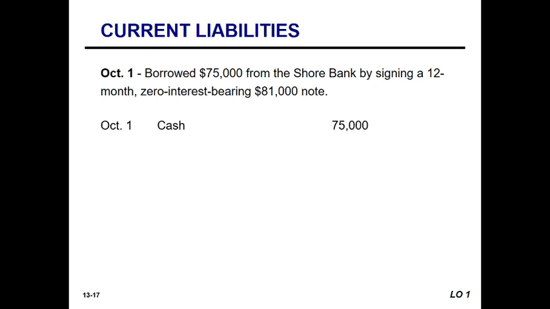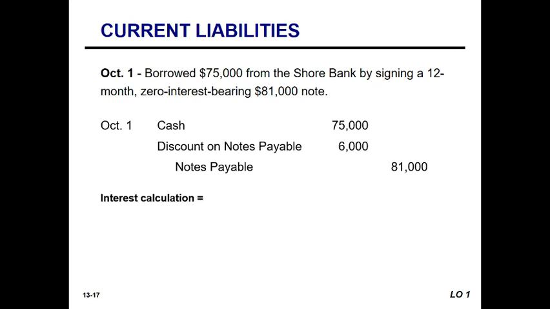So we have cash of $75,000 that rolled in. We have a discount on notes payable of $6,000. This is the difference between the $81,000 that we will pay in 12 months and the $75,000 that we receive today. This represents the cost of borrowing over the 12-month term of the note. And we have a notes payable of $81,000.